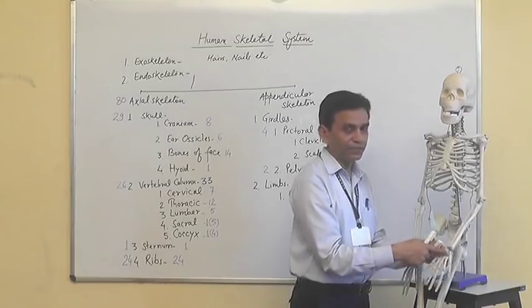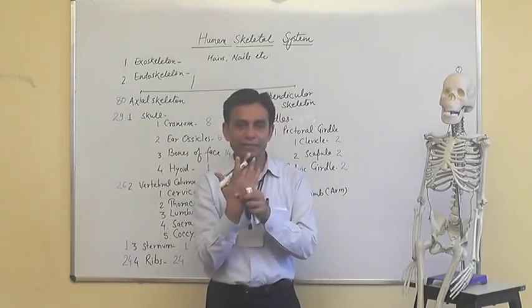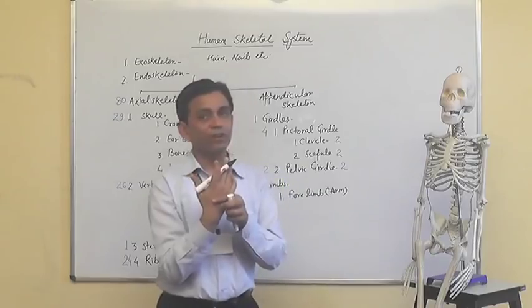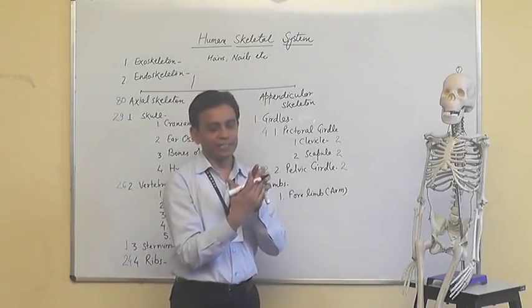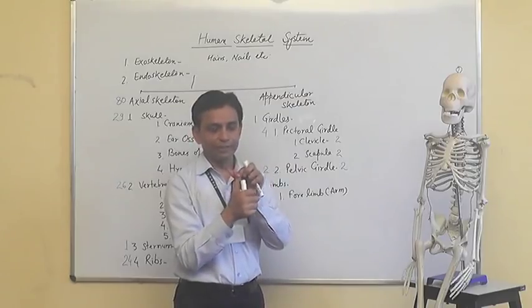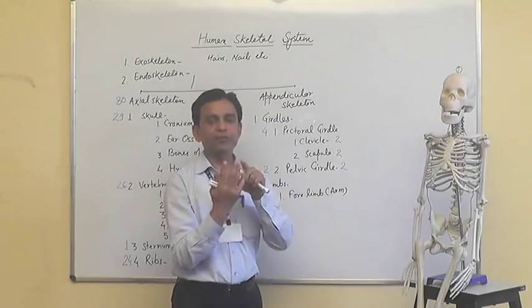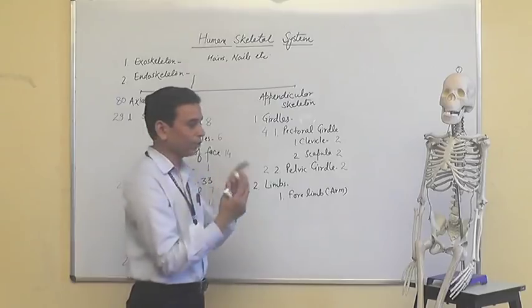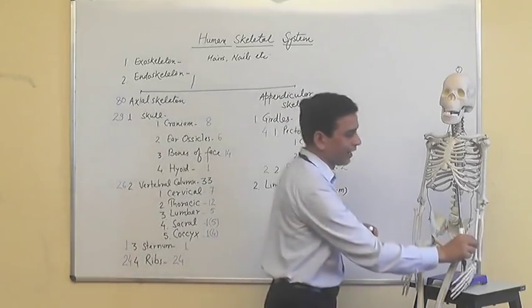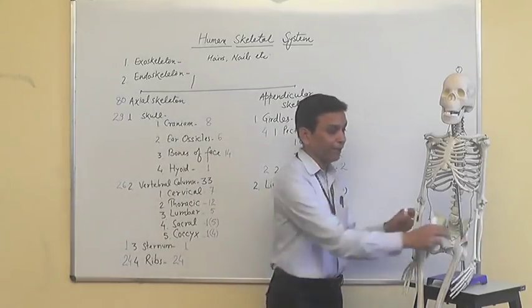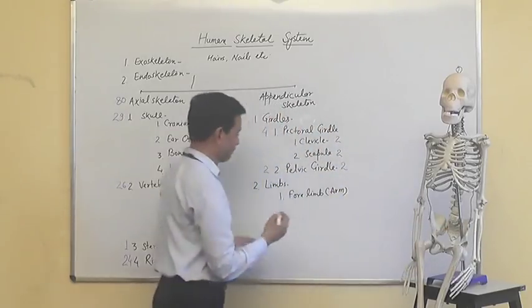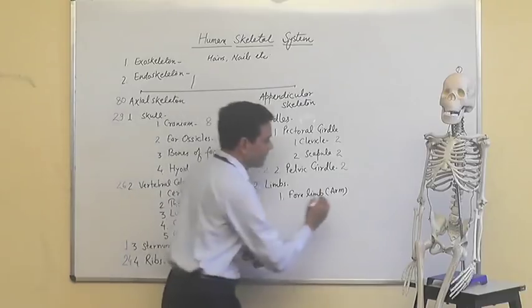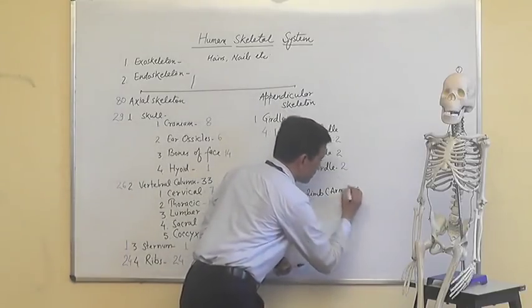Here 5 bones. Here in our palm region there are 5 bones called metacarpals, and here 14 phalanges, 2 in our thumb and 3 in each of our digit. So the total bones in each arm are 30. We have 2 arms, so 30 plus 30, total bones are 60. So our forelimb is made up of 60 bones.